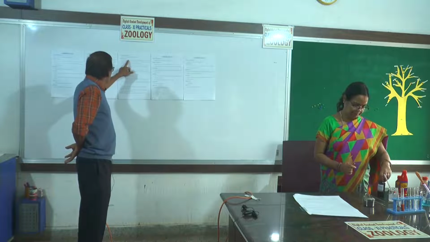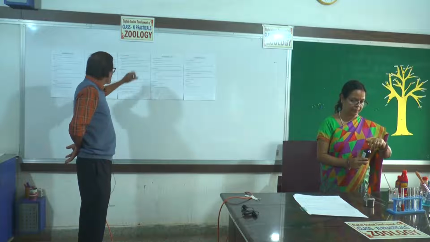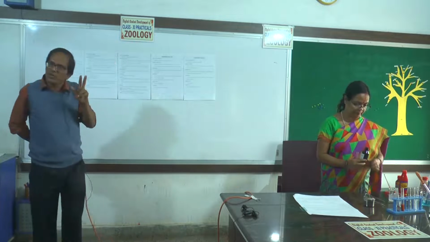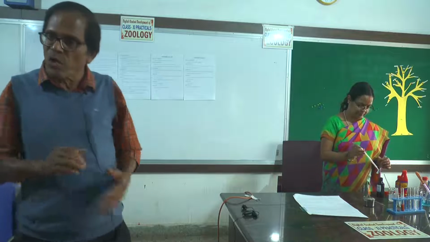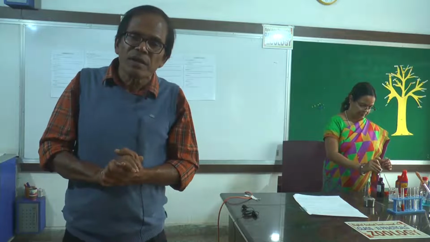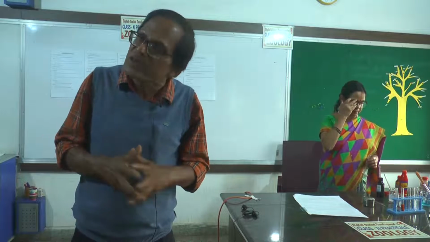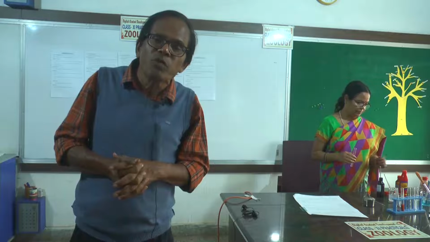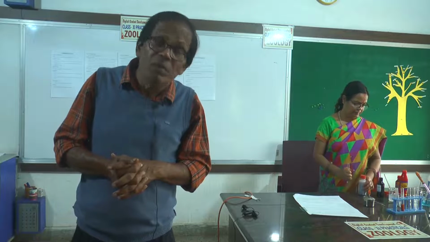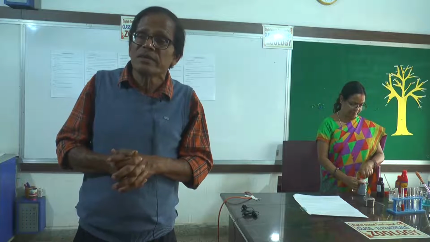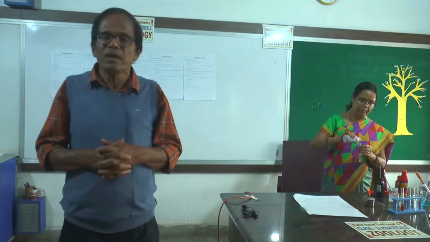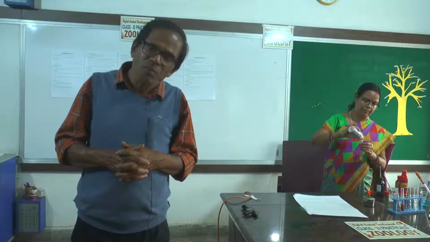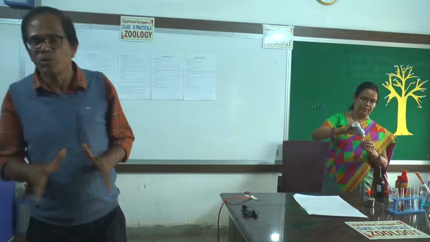Secondly, we take starch solution. First, we have to conduct the Molisch test. Once we confirm that it's a carbohydrate, then we go for the iodine test. If both tests are positive, then we confirm the presence of starch in a given solution.